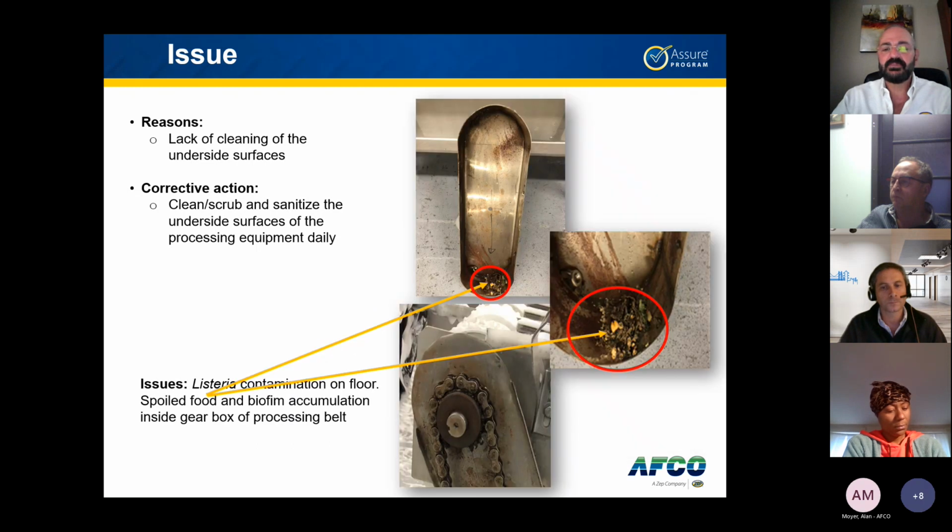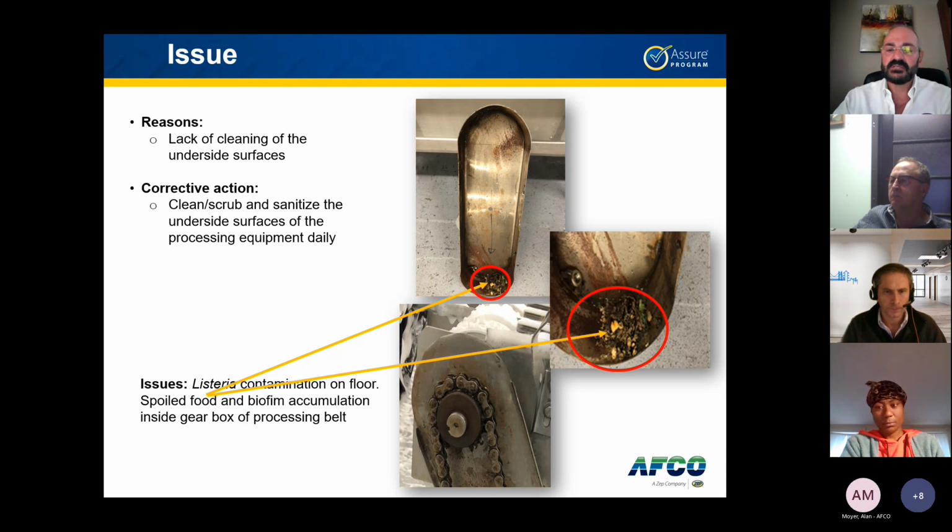Okay, so the underside of the processing equipment should be clean. This one here is a gearbox. This is the cover of the gear. You see the gearbox, the bottom picture is the box. It has the gear, and the top two pictures are the cover for it. Because they don't open it when they clean, food accumulated, and look how rotten the food is. It's all biofilm and bacteria in there.